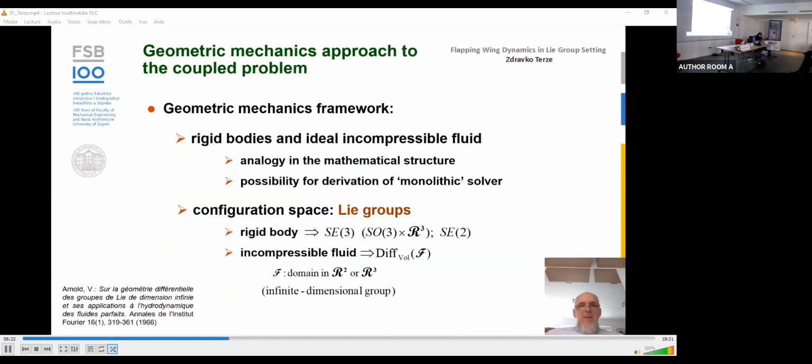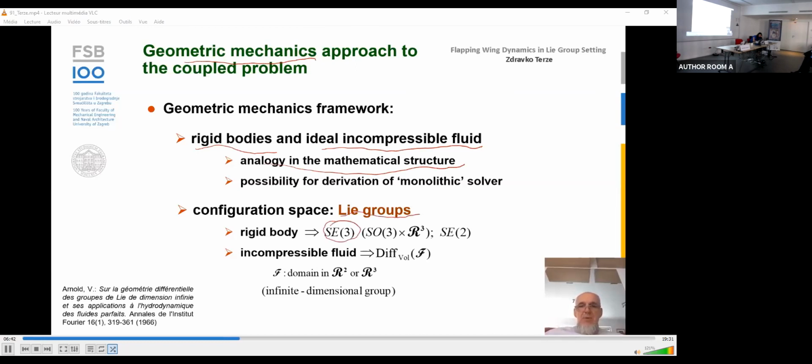Yes, we can, and this is the point where geometric mechanics come into play. Because from geometric framework, rigid body and ideal incompressible fluid have analogy in mathematical structure, being that configuration space of both objects are Lie groups.